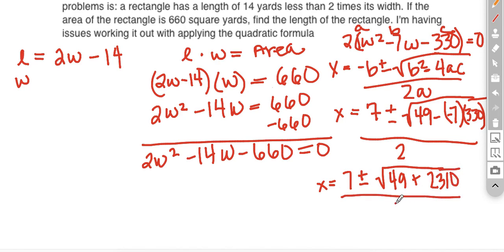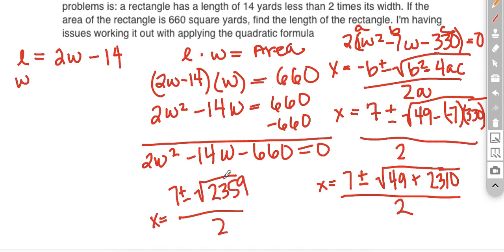And then this is all being divided by 2. So now I'm going to combine 49 plus 1320, and then I'm going to take the square root. So then I get 7 plus or minus the square root of 1369, divided by 2. And so now I'm going to take the square root.